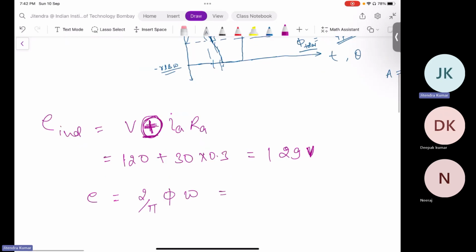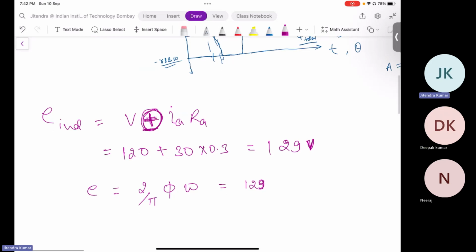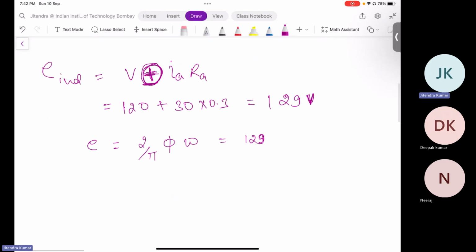And EMF is 129, so speed we can calculate here. Or from ratio also you can calculate. That will be very easy. So E2 by E1 is equal to omega 2 by omega 1. And we have to find out omega 2. So omega 2 will be omega 1 into E2 by E1.